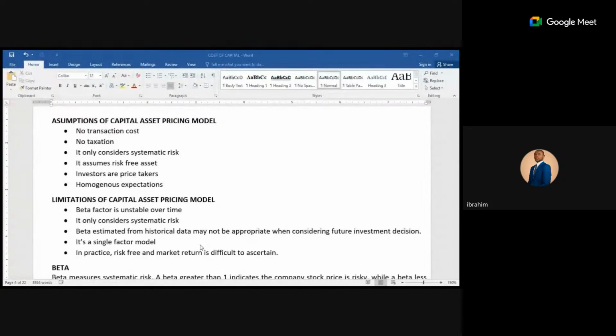It says that any other risk does not affect the minimum return that you are expecting. The only thing that affects it is systematic risk. So it also assumes a risk-free rate, homogeneous expectations, all these things. As we move, I will explain them in detail.